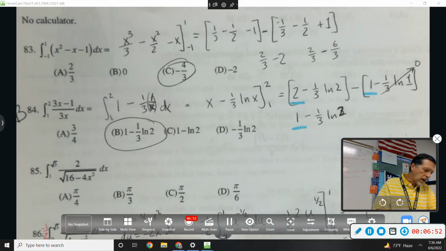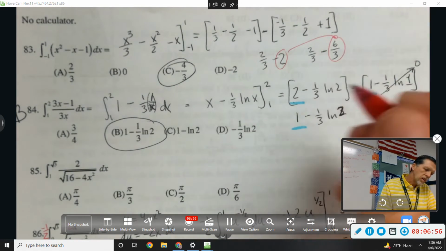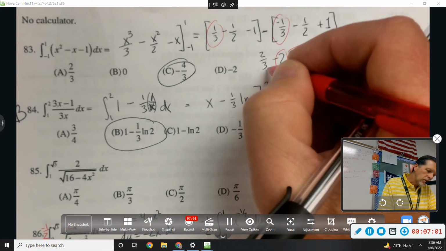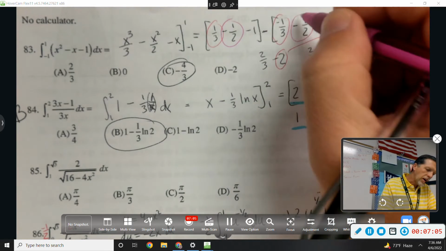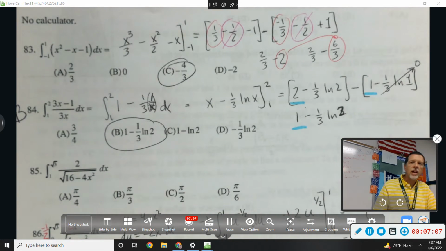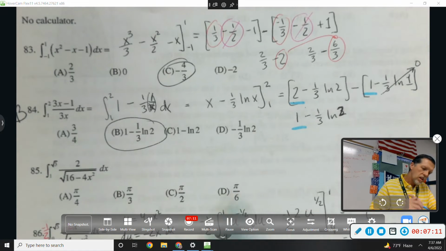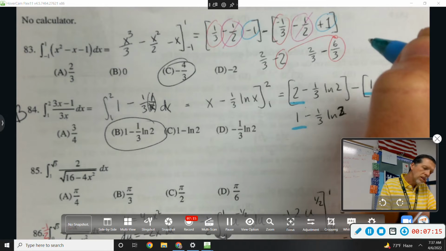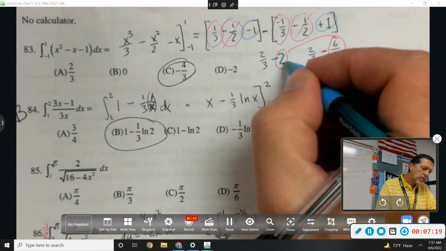I did a common denominator. 2 is the same thing as 6/3. So I combined 1/3 and 1/3 to get 2/3. Then I combined negative 1/2 and positive 1/2 to cancel out. And then minus 1 and minus 1, but it should be minus 2, because that minus sign up front makes it so.